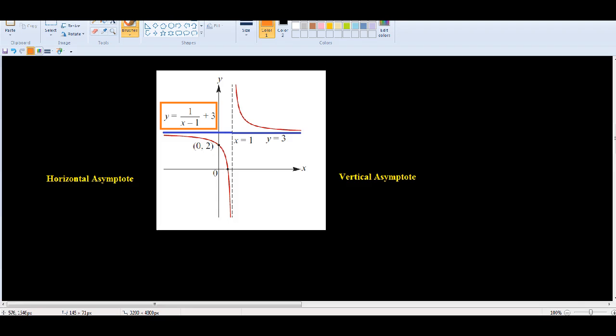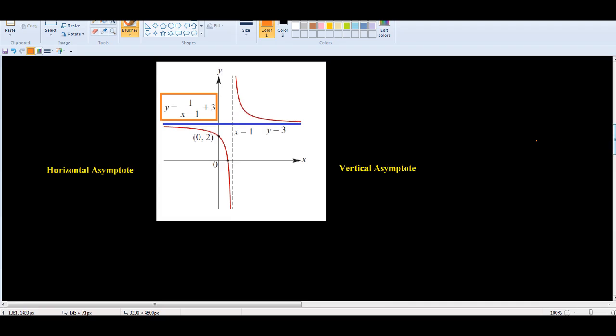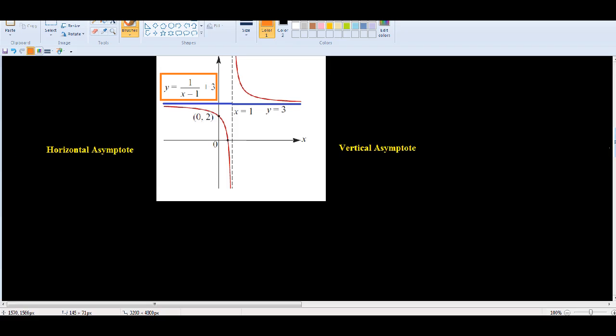Let's consider what happens when x becomes very big. Then y will equal 3. Why? Because when x becomes very big, 1 over x minus 1 will tend to 0. That's the logic. If x becomes very big, 1 over x minus 1 will become 0.